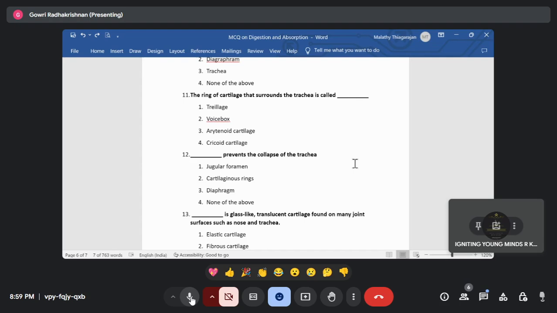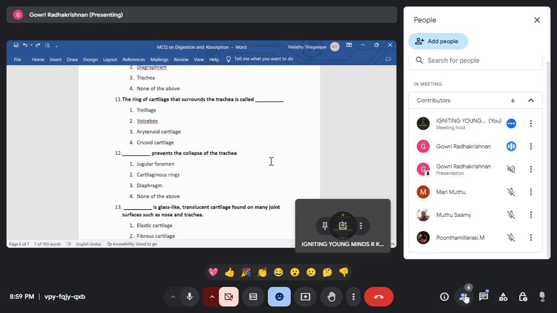You're all there? The answer is cricoid cartilage. That is also connected to the trachea, the pharyngeal part only. The ring of cartilage that surrounds the trachea is called the cricoid cartilage. 12th, dash prevents the collapse of trachea. Cartilaginous rings.